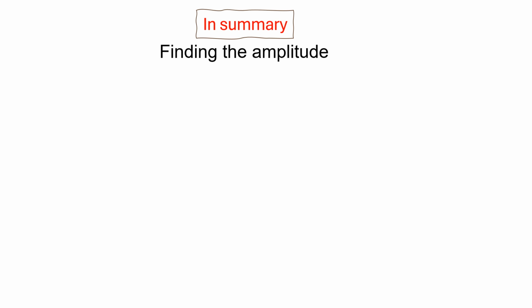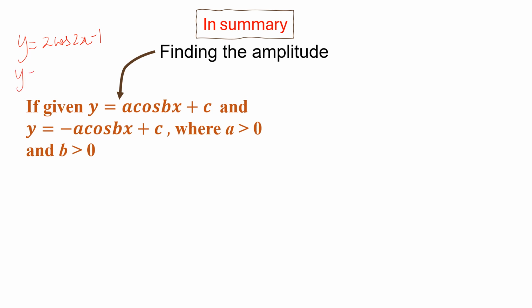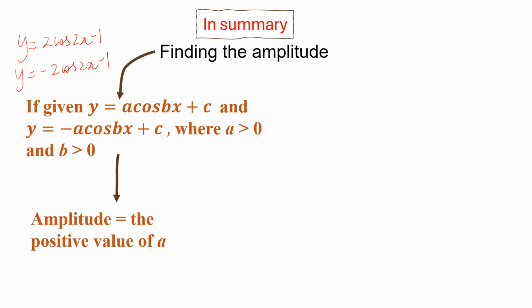Alright, let's also do a summary for the cosine curve. To find the amplitude for the cosine curve, if you're given the function itself, that means you're given y equals a cos bx plus c. So it could be, if you're given y equals 2 cos 2x minus 1, or y equals -2 cos 2x minus 1, then the amplitude of the curve would just be the positive value of a.